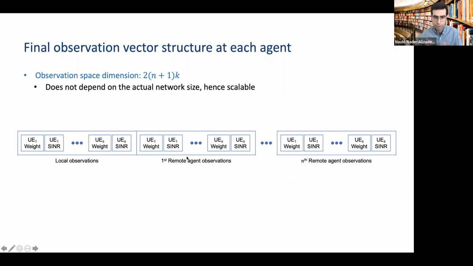If you count them together, we have an observation space dimension of (2N+1) times K, where K is the number of UEs per AP and N is the number of remote agents per AP. You can see that this doesn't depend on the actual network size. This really helps if we have a multi-layer perceptron or just a regular neural network as our agent, because we can use a fixed dimensional observation regardless of how many nodes we have in the network.